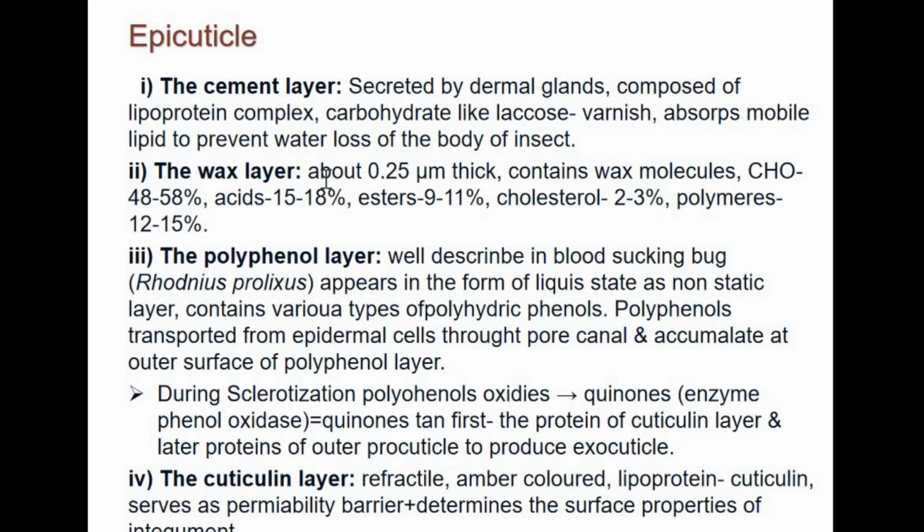The first layer of the epicuticle is the cement layer. The cement layer is secreted by the dermal glands and composed of lipoprotein complex.